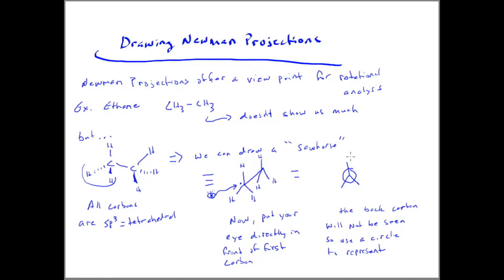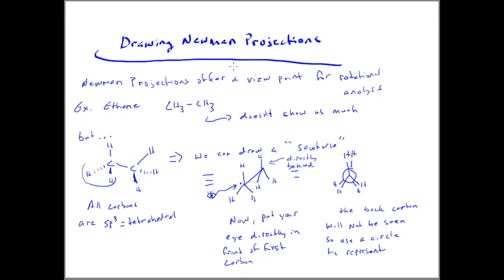Now I'll fill in all of the bonds. We have 3 hydrogens on the front. Then the back carbon has one sticking up, directly behind the first hydrogen, so I'll put an H right there, and then another H here and another H there. That's exactly what it looks like, because I'm looking directly down the bond line.